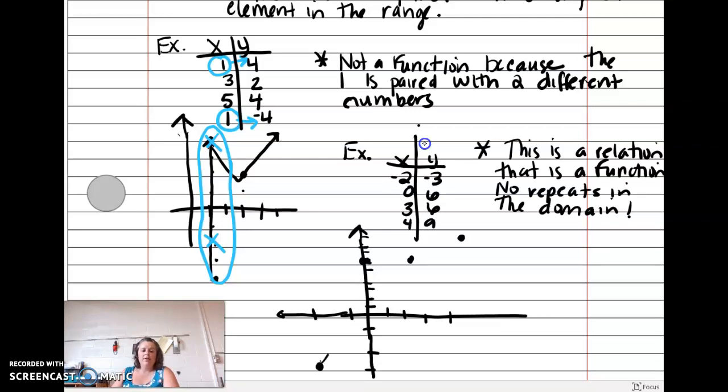Okay, so we get a graph that looks like this, and you have a horizontal path. Horizontal is just fine. The only bad thing is the vertical.